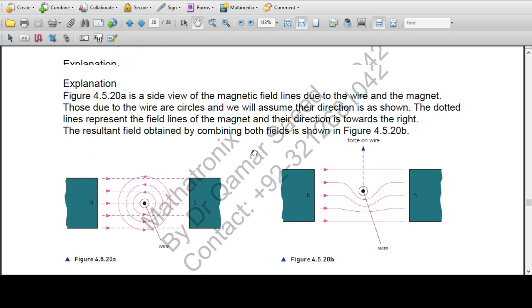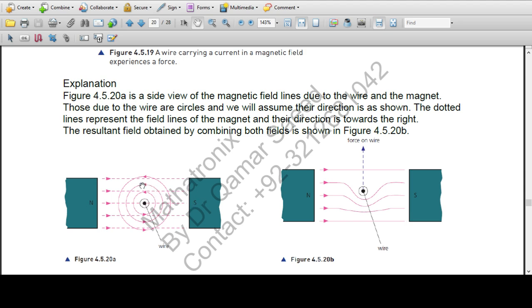So secondly, if a current is carried in a magnetic field, this is applied to the magnet, and a current is coming out.